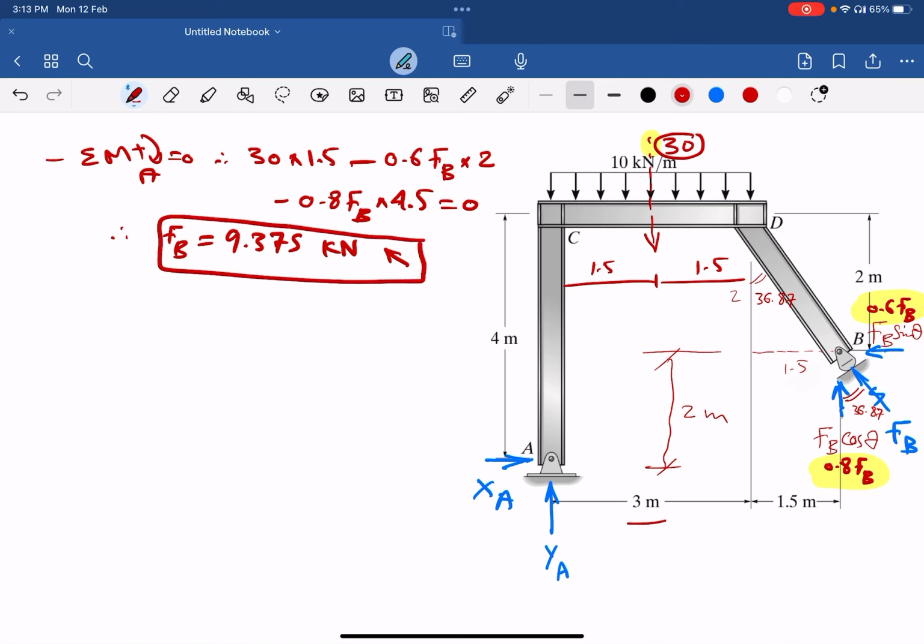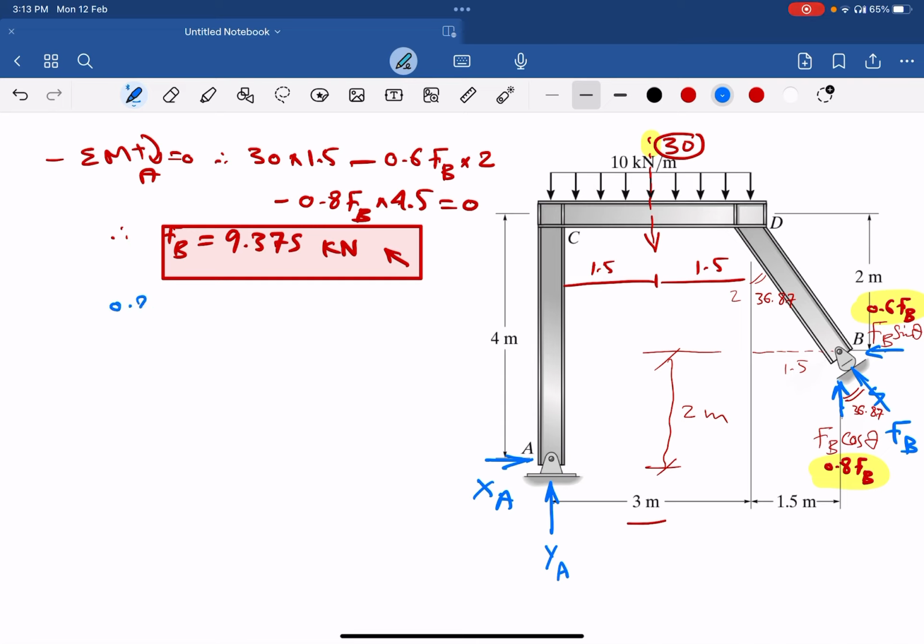From here we can get directly the components: 0.8 FB equals 9.375 times 0.8, which is 7.5, and 0.6 FB equals 9.375 times 0.6, which equals 5.625.